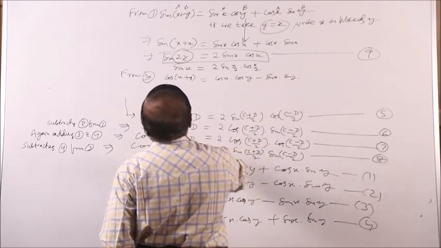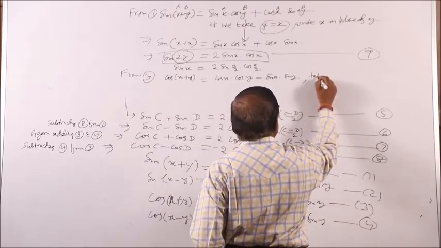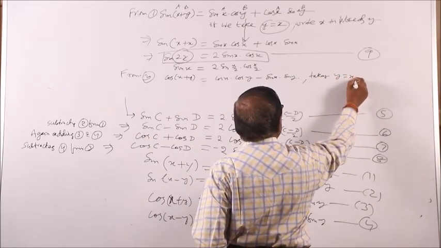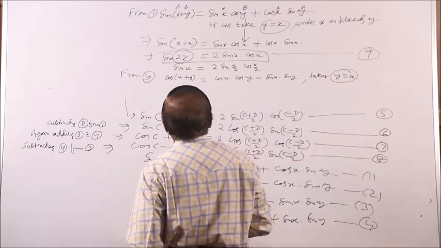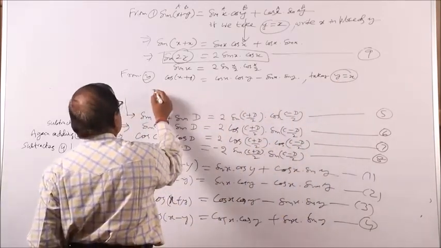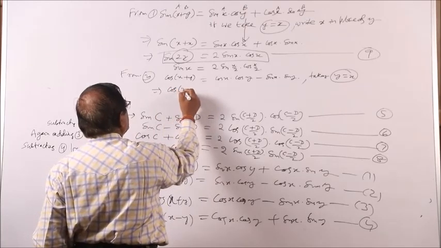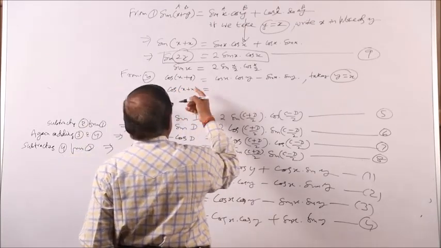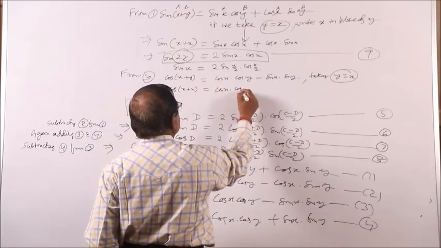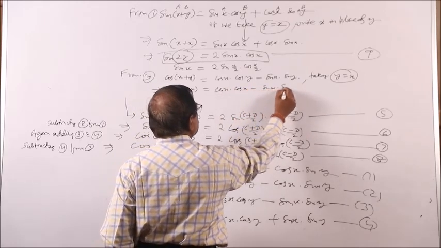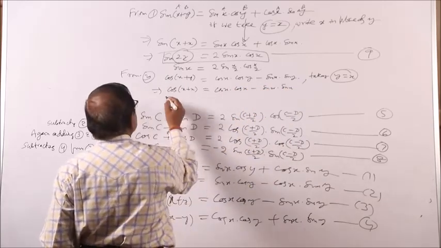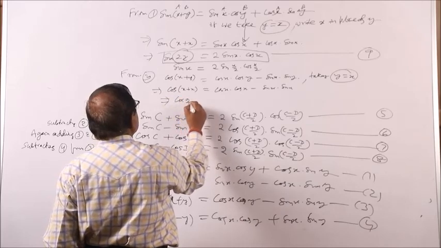Very easy. By taking y equal to x, what we will get? That means put x in place of y. So this is cos(x plus x), that is cos x into cos x minus sin x into sin x. So what we will get? That is cos 2x. This is another formula.